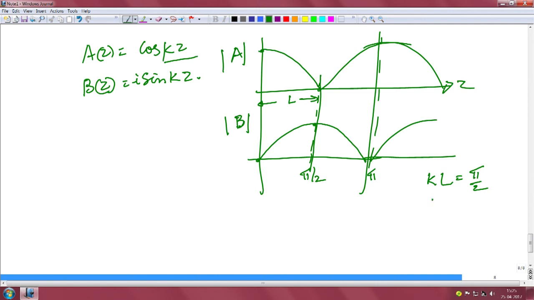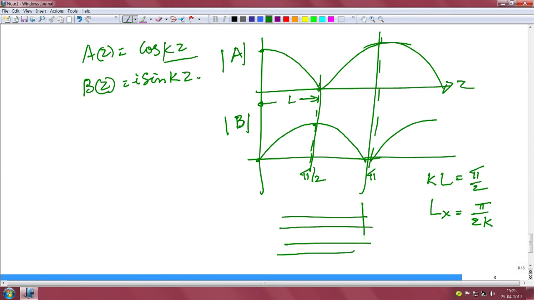So, the coupling length necessary for crossover can be called pi by 2k. If you choose the length of the waveguides to be equal to pi by 2k, then you get the crossover state of the directional coupler. So, all the power is going into this, L cross equals pi by 2k.